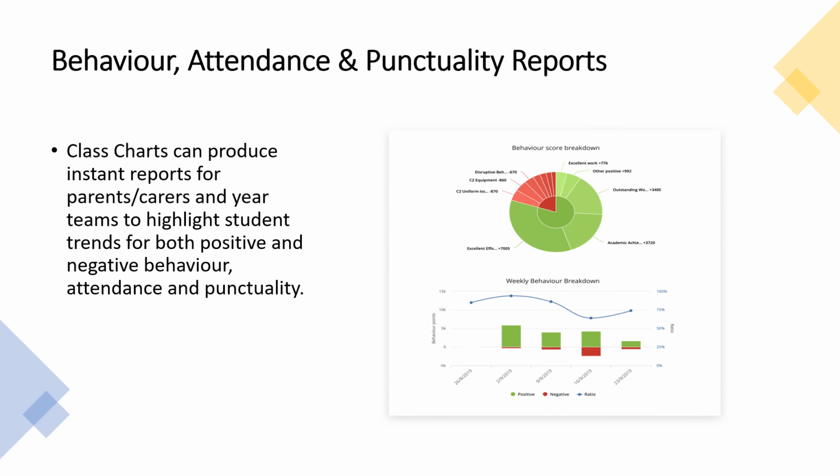You'll be sent at certain points during the year an attendance overview and a punctuality overview so you can see whether your child is attending each and every day, attending on time to lesson, and doing everything they should be doing. You can get a full overview via these reports at certain key points during the year.